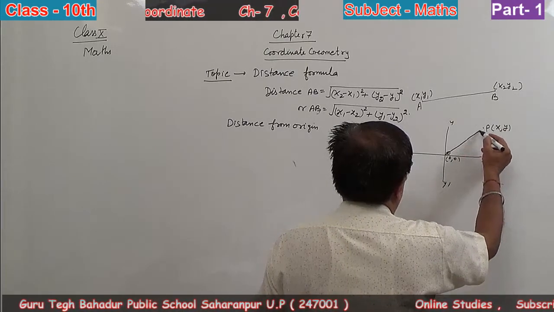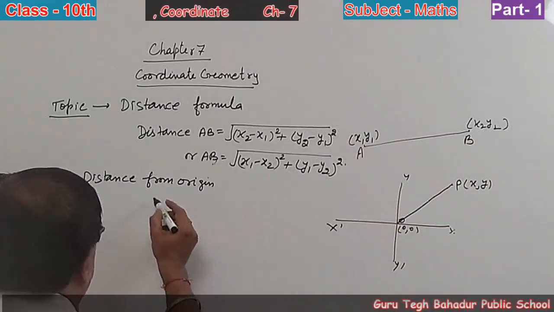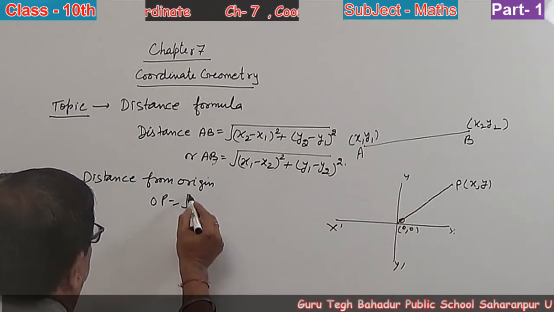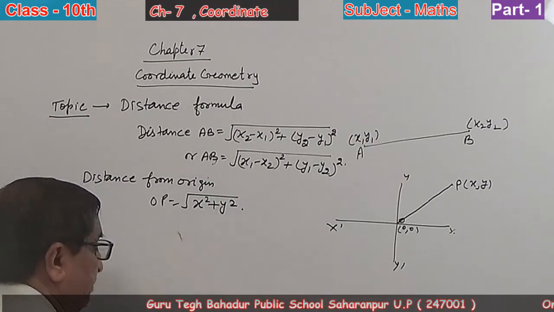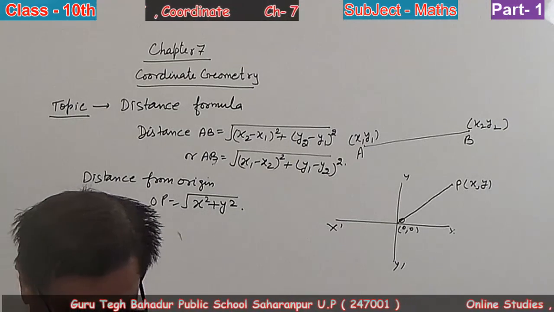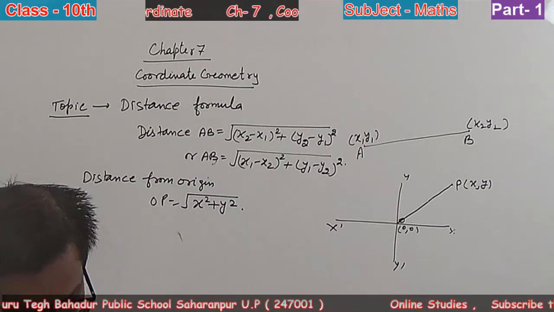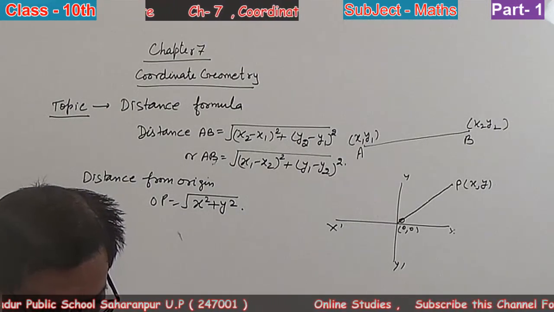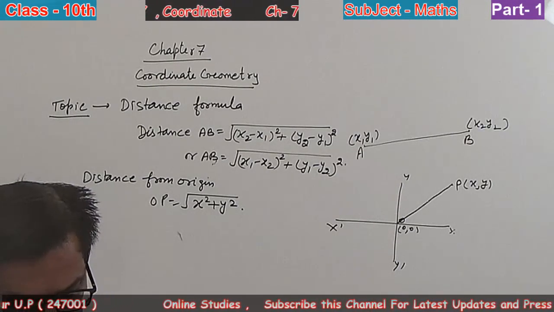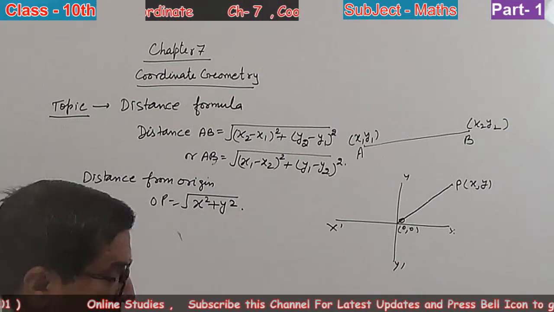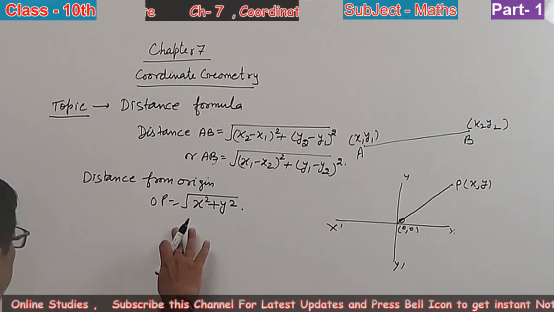So distance OP is equal to the square root of x square plus y square. Using these two formulas, we will do exercise 7.1.